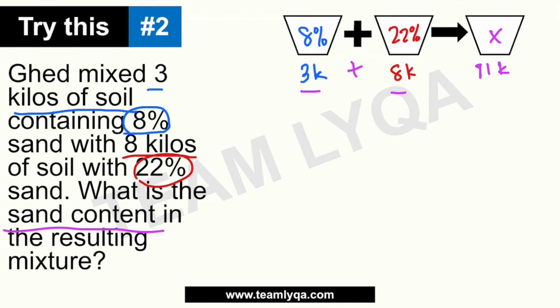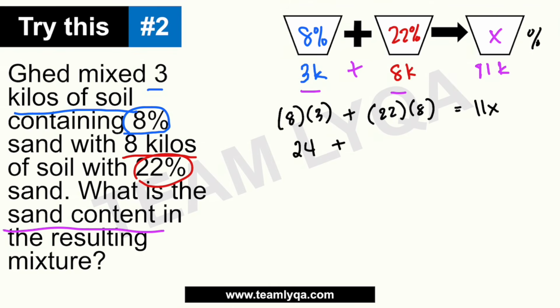Okay? Using that na, bubuin natin yung equation. Again, itatabi muna natin yung percentage, mamaya na natin isusulat yan sa end na sagot, para lang hindi siya maging 0.08, kasi nakaka-tense yun. So, now you have 8 times 3 plus 22 times 8 is equal to 11x. Okay? 8 times 3 is 24 plus ang 22 times 8, that would give us 176 equals 11x.